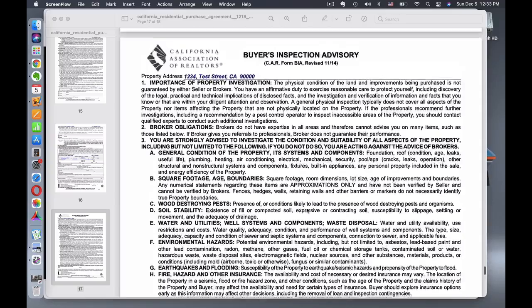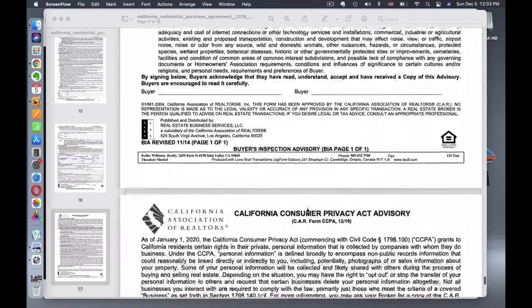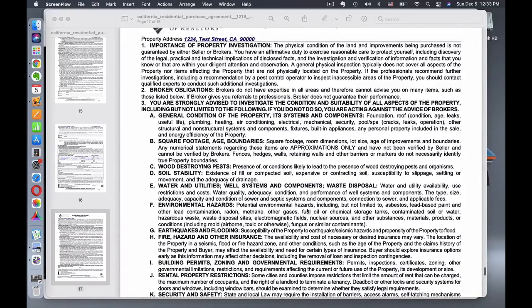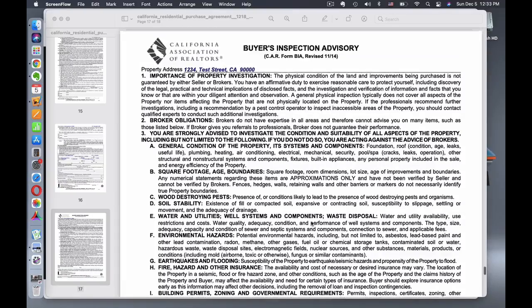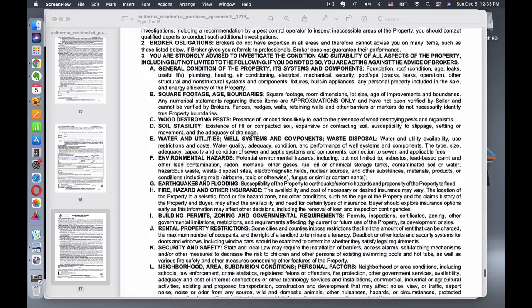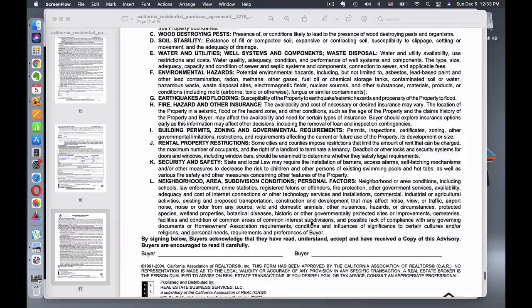And then the last thing is your buyer inspections. This is a boilerplate document that's going to give you a roundabout idea of what you should be concerned with in investigating the property and your duties in these buyer investigations. It's giving you some advice on this.